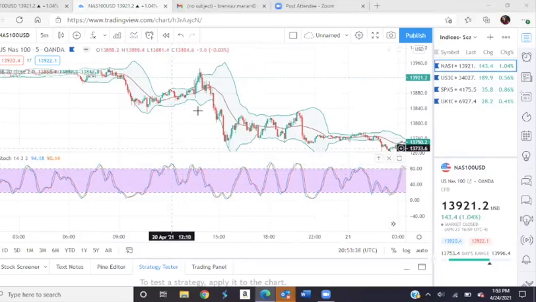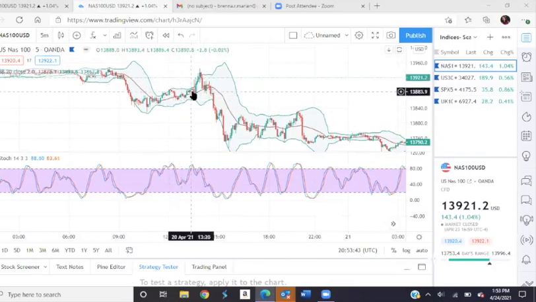So what happened when price went back up? Price here went back up all the way into very overbought conditions, even more overbought than before. So this gave us an even better entry for our sell.